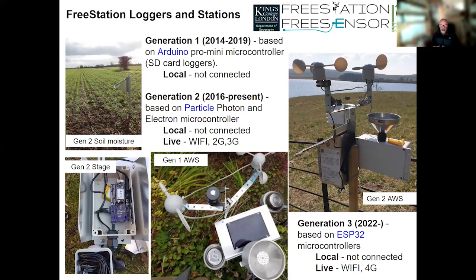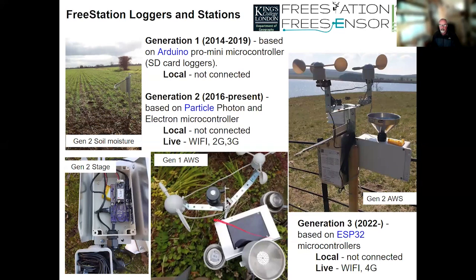And that enabled us also to go from just saving data locally on an SD card to connecting these microprocessors directly through Wi-Fi or through telephone networks. And now we're on our 3rd generation based on, again, a low-cost, very versatile microprocessor called S32, of which we have both local saving to SD card and live directly connected stations.